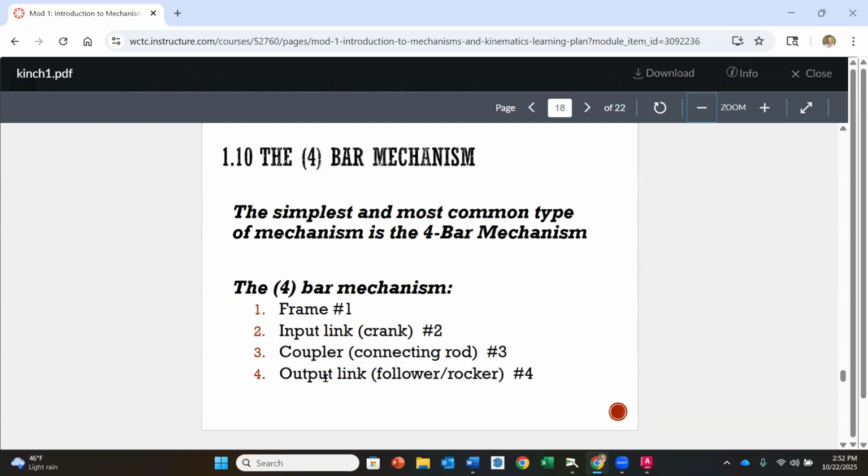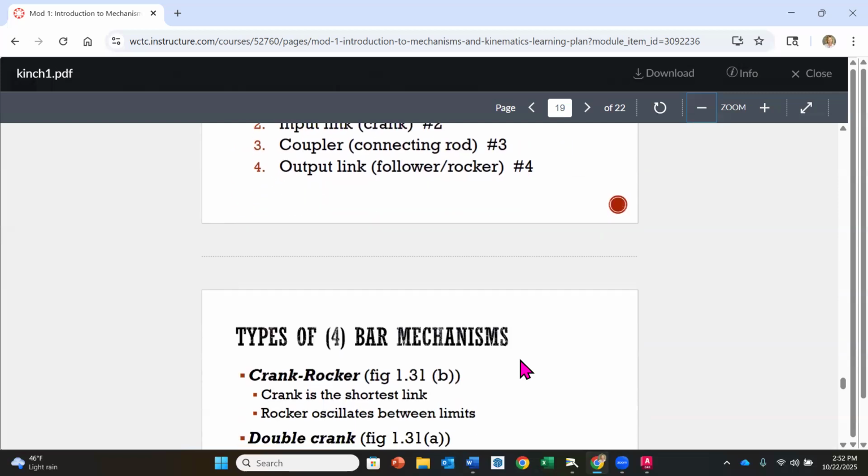And then you're going to notice that connected to the crank is going to be the coupler or the connecting rod, which is then going to connect to an output link. So taking the frame and adding these 3 moving links, that is a total of 4 links in our mechanism. So that's called a 4-bar mechanism, all right?